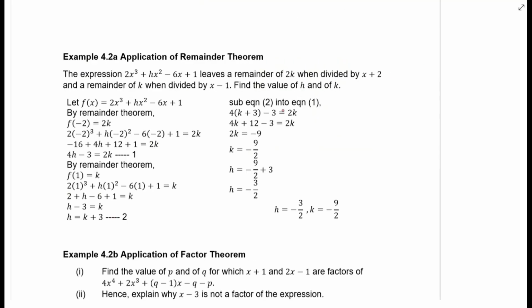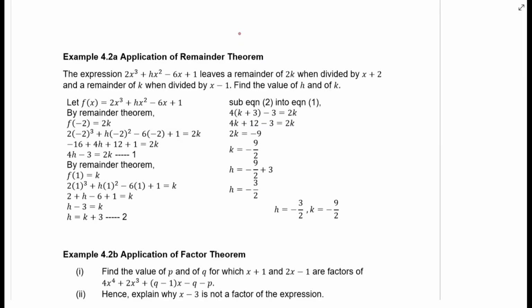Now let's go through the examples. So this expression leaves a remainder of 2k when divided by x plus 2 and a remainder of k when divided by x minus 1. Find the value of h and k. So usually with remainder and factor theorems, they may combine the use of both in the same question.